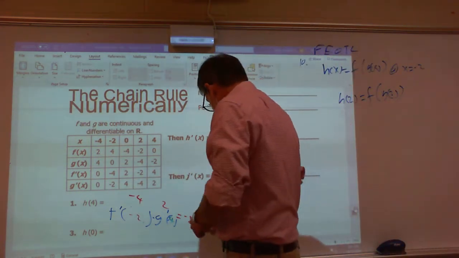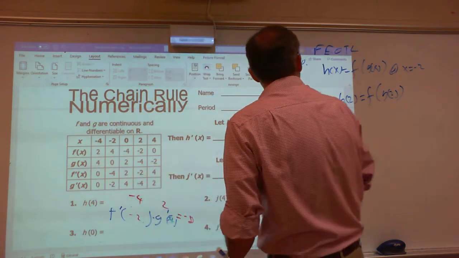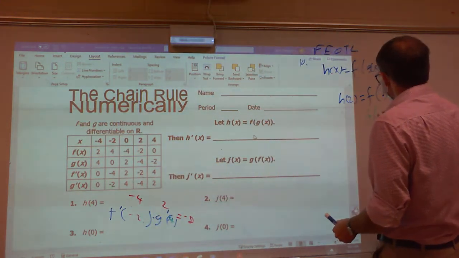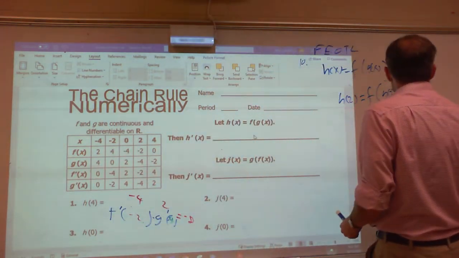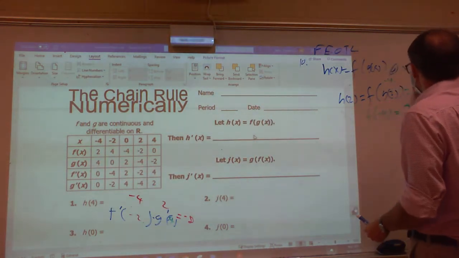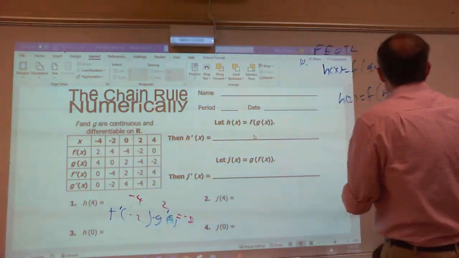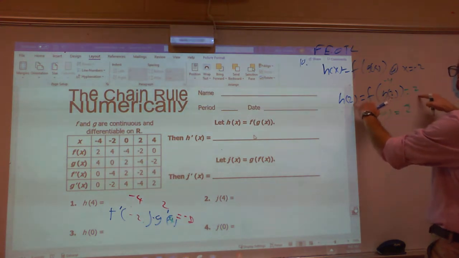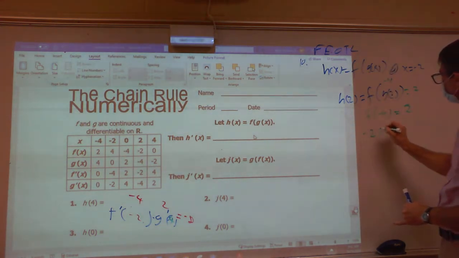And what's g of 2? G of 2 is negative 4. And so f of negative 4 is 2. So what I now have is my point is going to be 2 comma, or negative 2 comma 2.